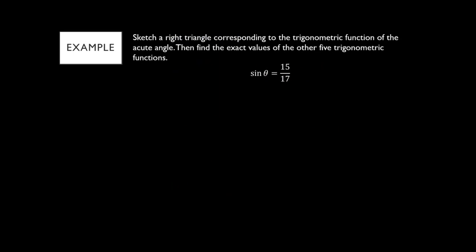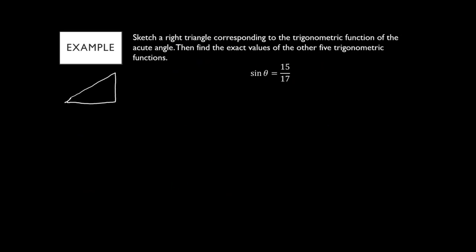My next one here: sketch a right triangle corresponding to the trig function of the acute angle. Acute angles are the skinny angles; obtuse are ones greater than 90 degrees, so acute are less than 90 degrees. Then find the exact values of the other 5 trig functions. Here we're not given the right triangle, so we need to draw it.